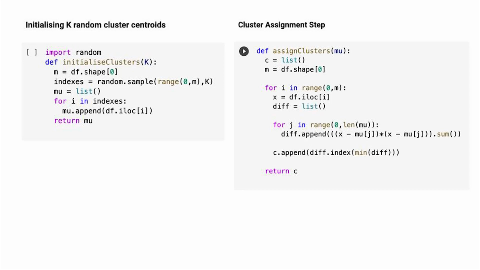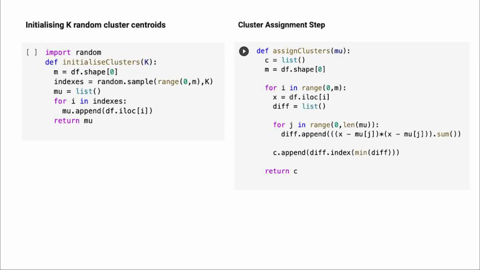And now we tell it to sample some unique numbers between 0 and m minus 1. So we want k random numbers which are integers and which are not the same. They are unique numbers, they are different, and they are in the range 0 to m minus 1. We get those random indexes, and using these indexes we access those instances in our training set.